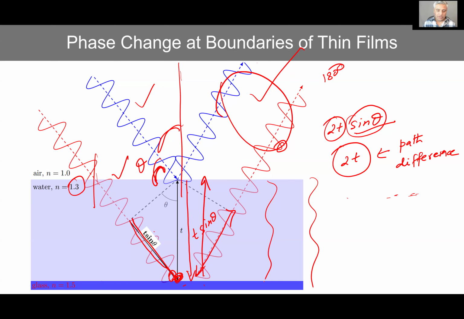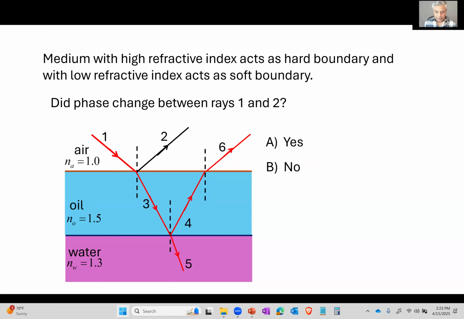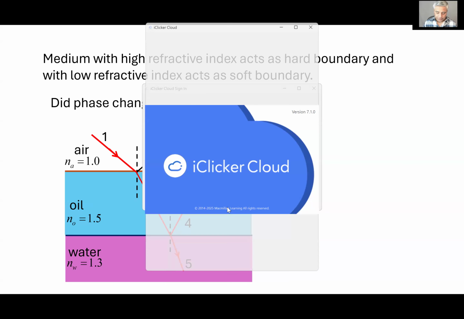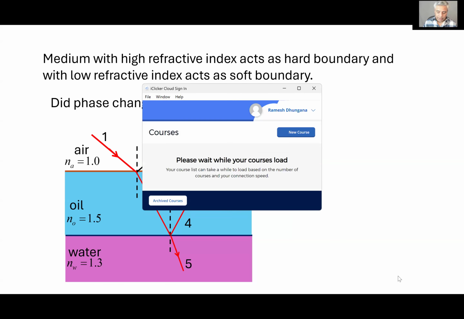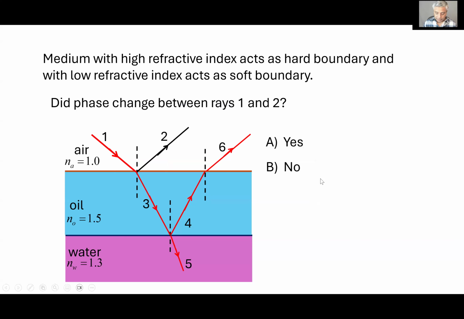So to make sure that we understood this, I have brought several questions here as a clicker. Oh, I did not start the clicker. So let me start the clicker. Simple yes, no questions here, whether there is phase change happening or not. Although they are waves, I'm just drawing the line to keep things simple. Okay, I'm opening the poll.